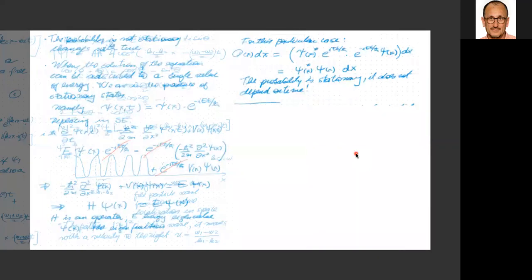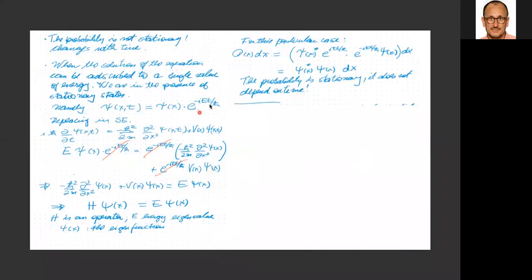So in the particular case when I can write the equation like this, the functional dependence of the time I can write like this, which is the same thing we have done in the case of the free particle, but now phi of x is a solution of an equation that has a potential included in it.